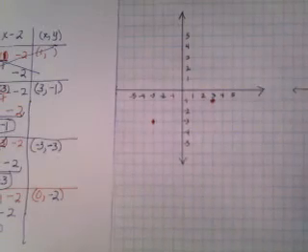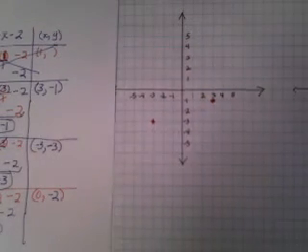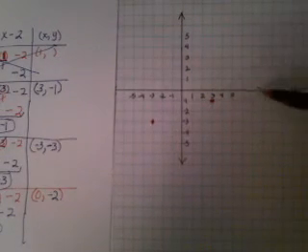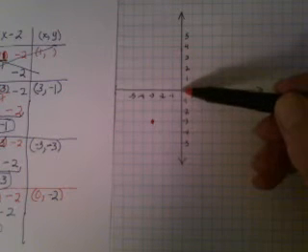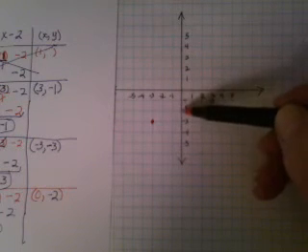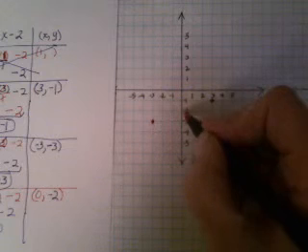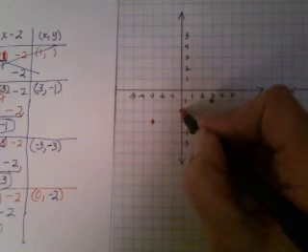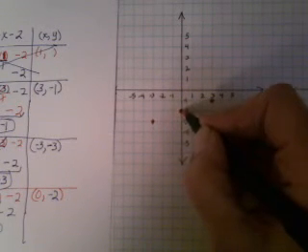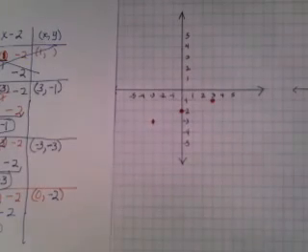And then I have the point 0 and negative 2. So if x is 0 and y is negative 2, where those two meet will be right here on the y-axis, the point 0, negative 2.